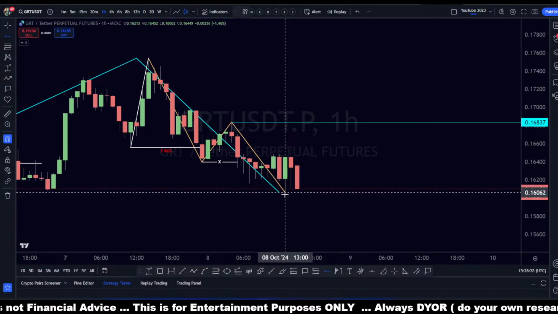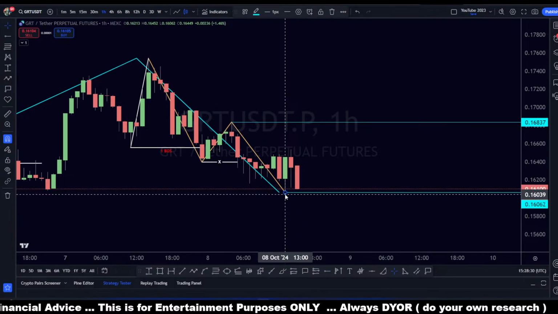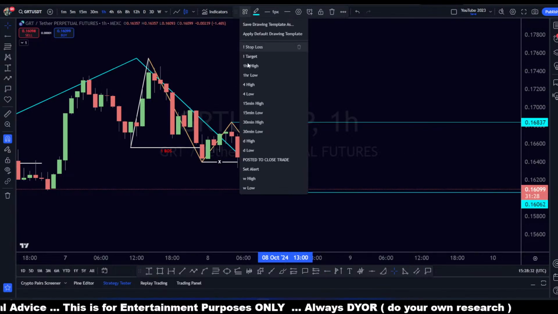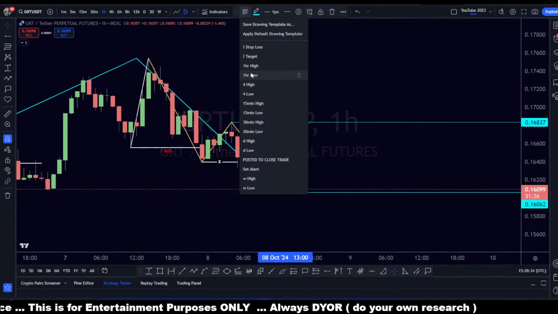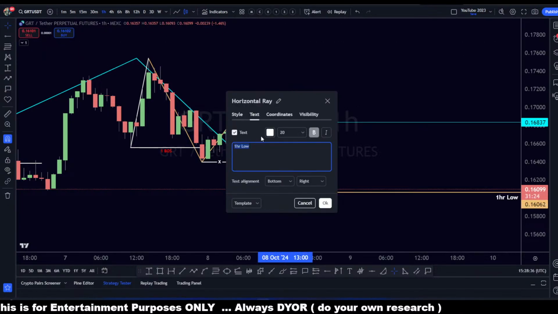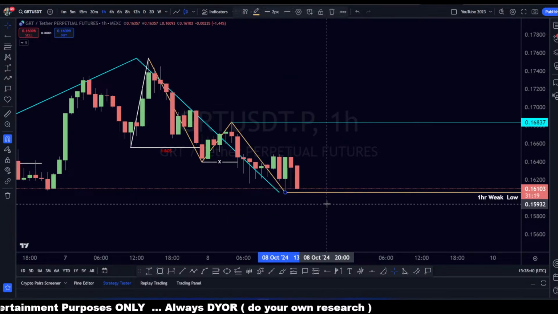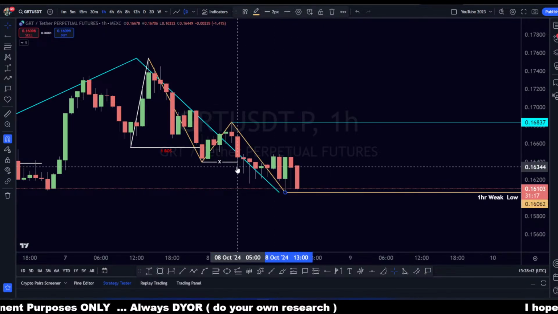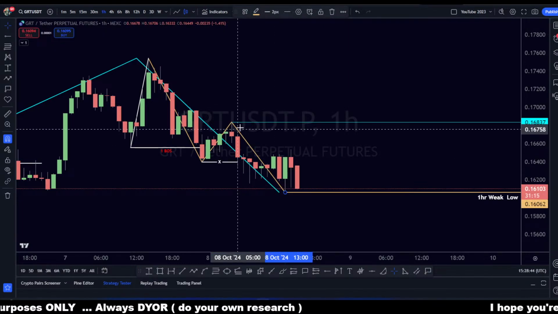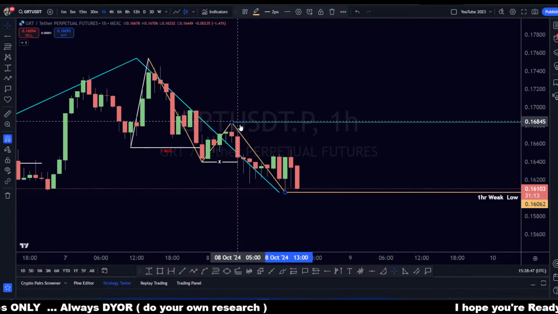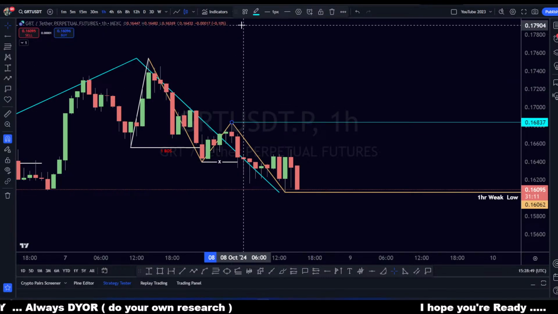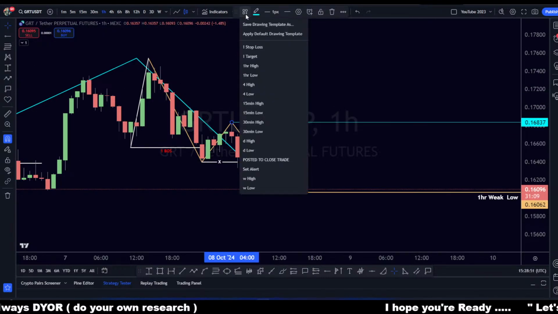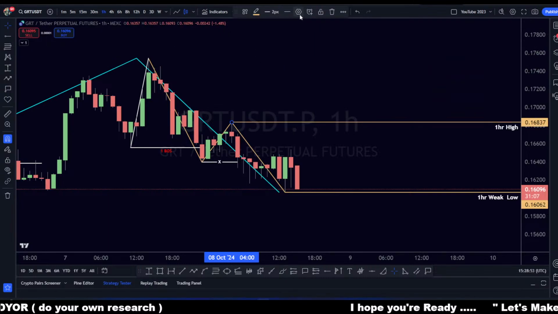This is a not strong low, or a weak low. Weak low, and because of this wick, this makes this a strong high. 1 hour high is strong.